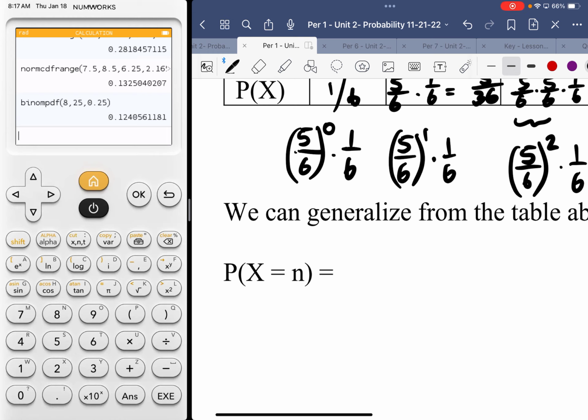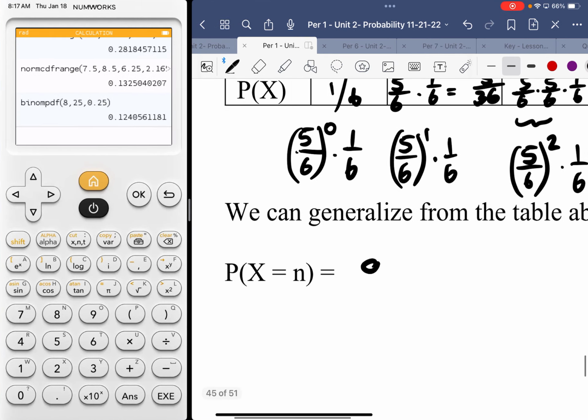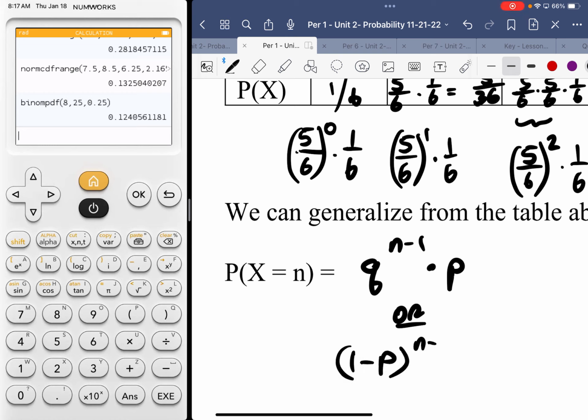So I'll write it both ways. So I could say Q to the n minus 1 times P, or 1 minus P to the n minus 1 times P. All right, so either of those will get you a probability distribution that's geometric in nature.